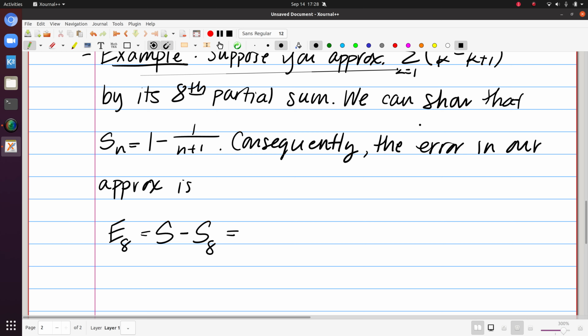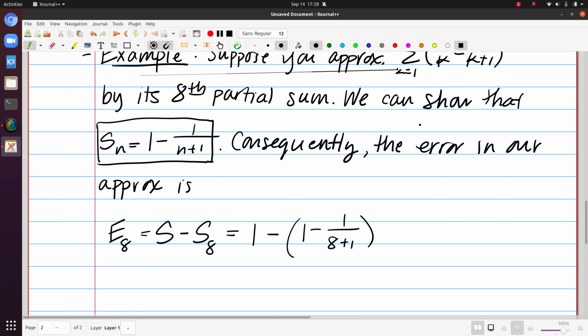The infinite sum we would find by taking the limit as n approaches infinity of S sub n, and we'd get 1. And we subtract the 8th partial sum, which is, according to our formula, 1 minus 1 over 9. So we would get 1 minus, 1 minus 1/9, or 1/9.